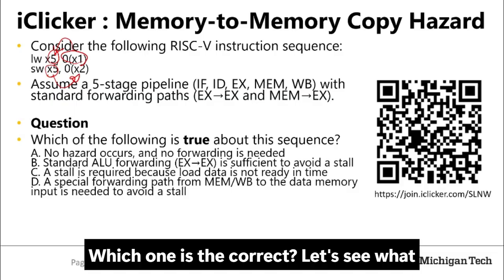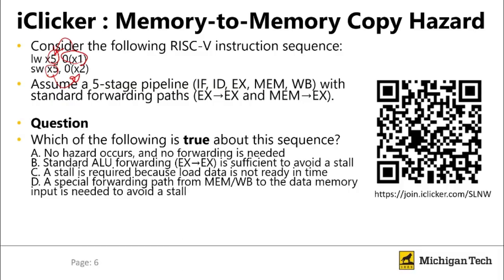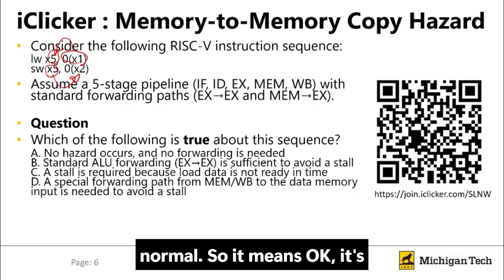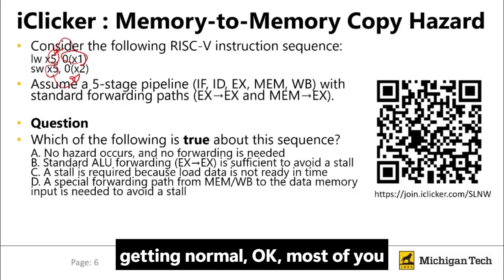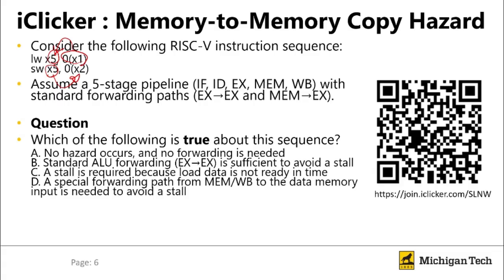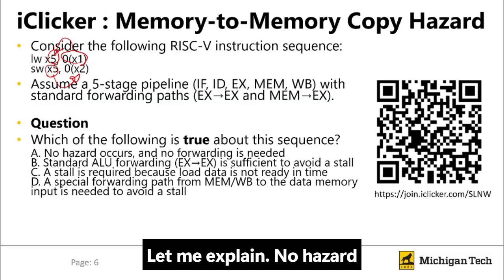Which one is the correct? Let's see what you selected. Okay, so the distribution is not normal. Okay, it's getting normal. Most of you are thinking no hazard occurs. Let me explain.